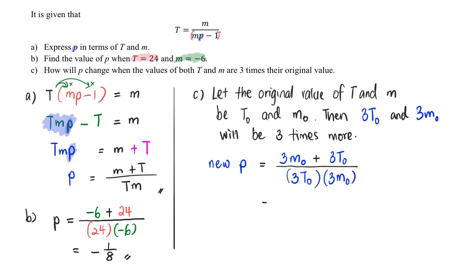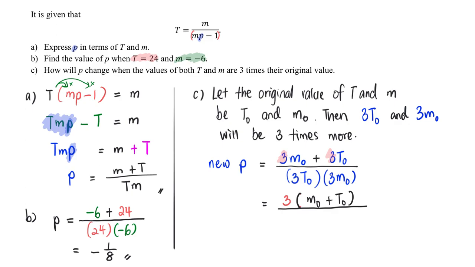Let's continue to simplify. I saw that there's a common factor 3. I'm going to take it out as a common factor, and I'm left with M0 plus T0.